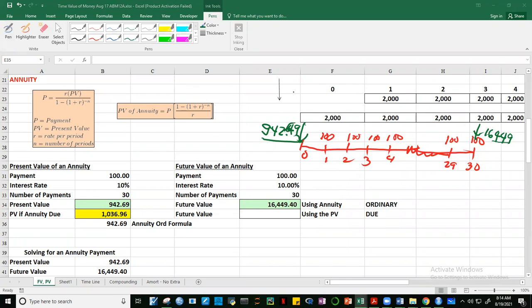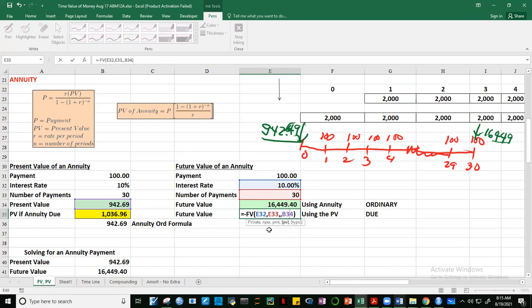Okay, thank you, Robert. Thank you, Roy, no? Okay, you're correct, no? 16,449. So let's see. Magkano yung future value ng rate of 10%, N per is 30, we're not going to use the annuity. Okay? We're going to use the present value of 942. Then ignore the type kasi hindi naman annuity to eh.